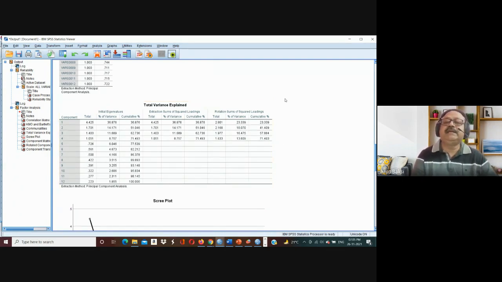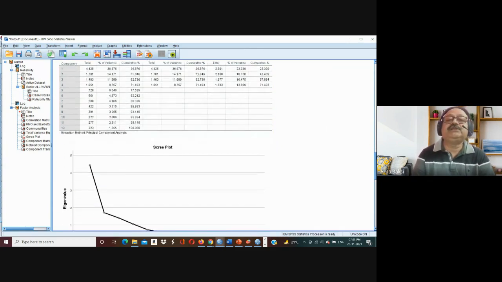And if you see, the variance explained by each of these 4 factors is 23.339, 18.070, 16.475, 13.609. Now there is a question. From where am I getting these data?